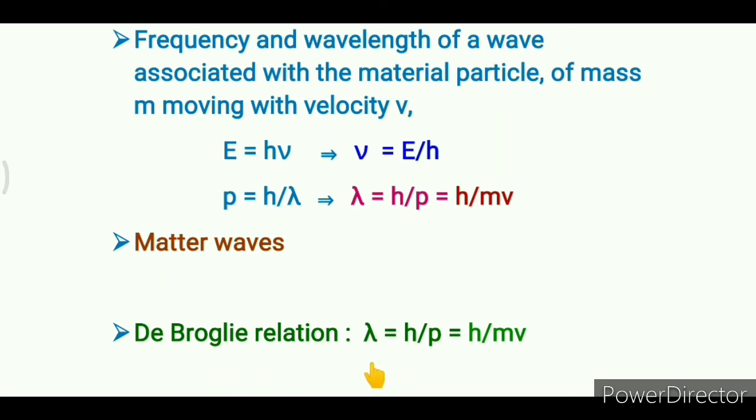As per the de Broglie relation, lambda equals h upon p, where p is the momentum of the moving particle, and hence lambda equals h upon mv. From this relation we can conclude that the greater the momentum, the shorter the wavelength.